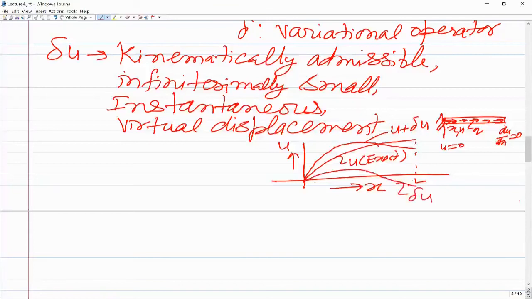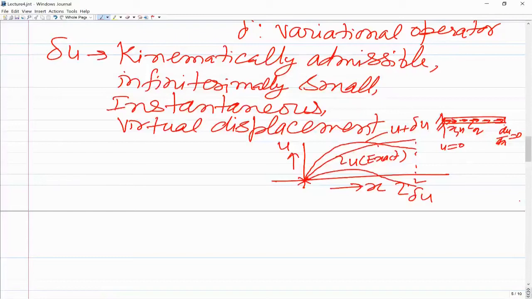Delta u is 0 at x equal to 0 because there u is specified, so it has to satisfy the homogeneous form of the essential boundary condition. It is arbitrary, in the sense that we can otherwise take any value, and it is infinitesimally small, a very small quantity, and instantaneous, at one particular time instant. It is not that the variation is due to change in time; the variation is at a particular time instant.